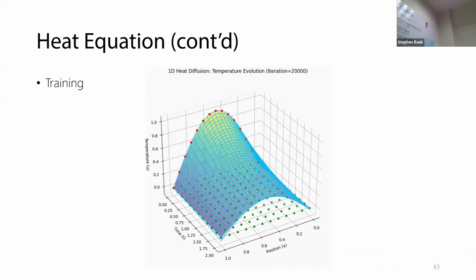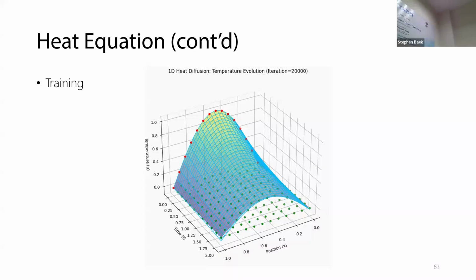The other thing I want to say, which we're going to be talking about later in this class, is that the data loss and the physics informed loss are not necessarily aligned together. Reducing the data loss doesn't necessarily mean reducing the physics informed loss, and vice versa.